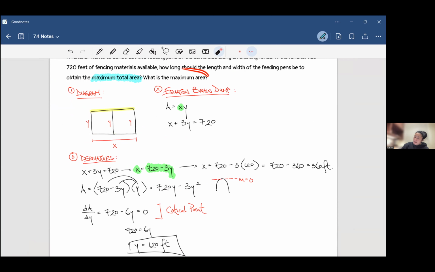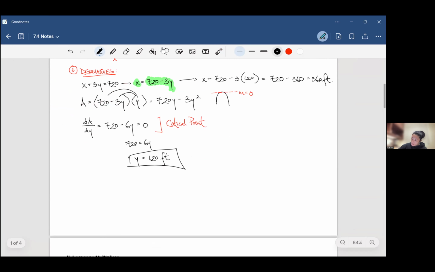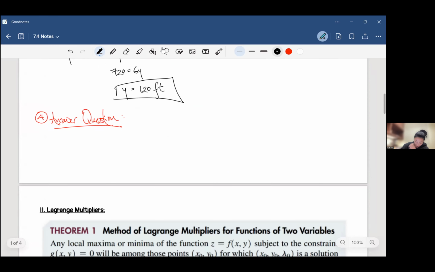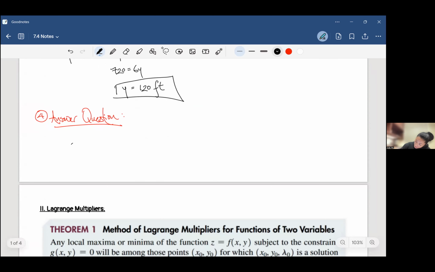But then it also asks us to find the maximum area. So we're going to stick both x and y values back into the area equation, and we can go from there, okay? So step 4, we're going to answer our question. All right, so 360 feet by 120 feet are the dimensions.